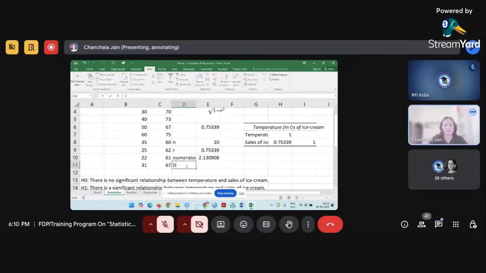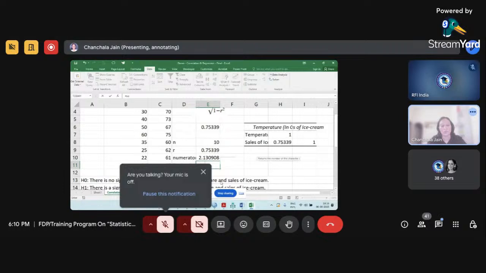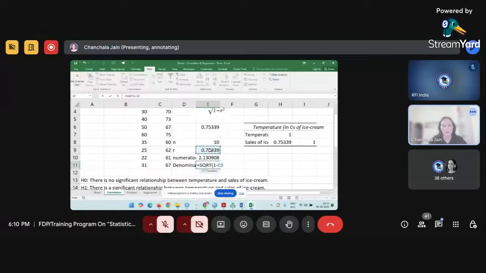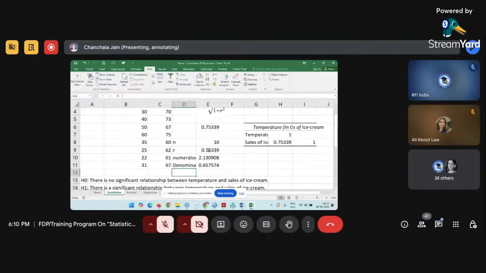Now the denominator, which is square root of 1 minus r square, means r into r. We got the denominator.